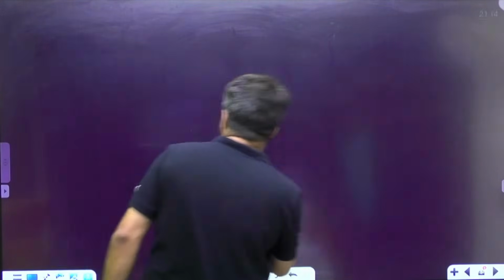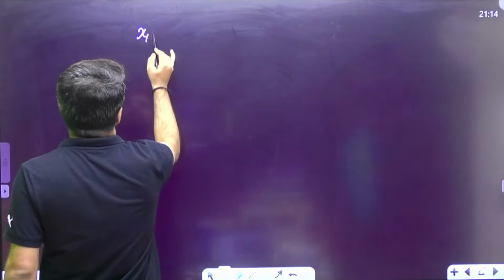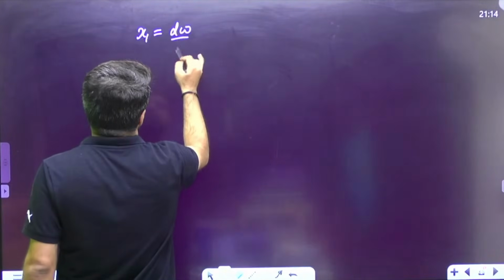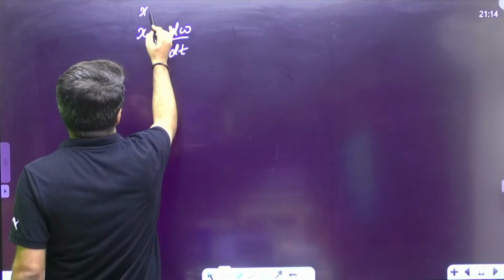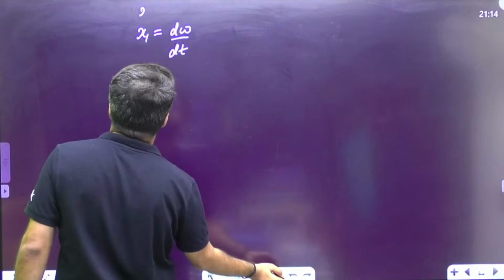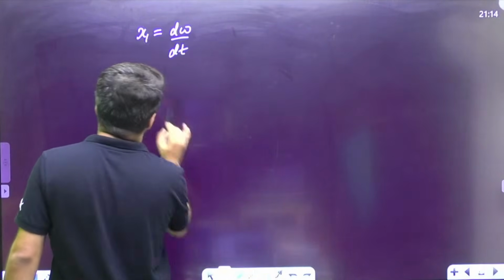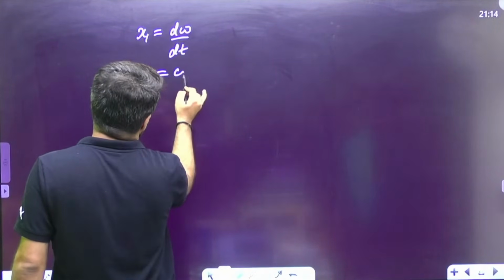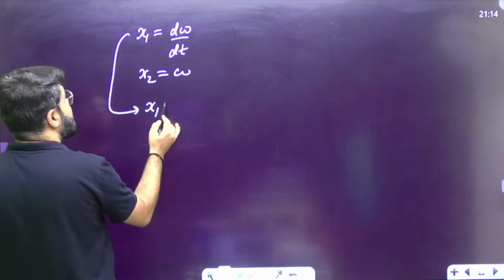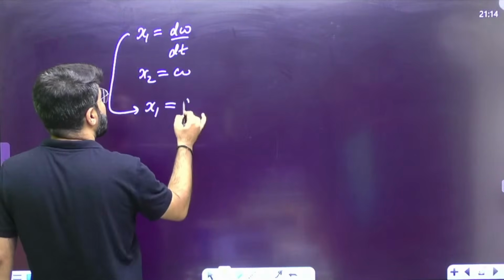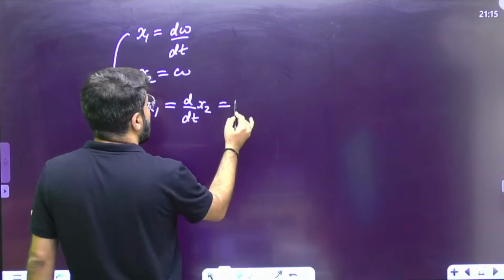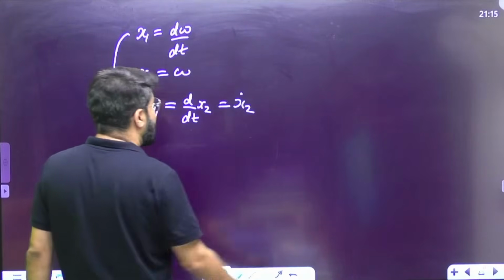So please follow here carefully. What I have been able to obtain: the first state variable is d omega by dt, and the second state variable is omega. So the first state variable is nothing but the derivative of omega, and omega is x2, and we represent the derivative by a dot.